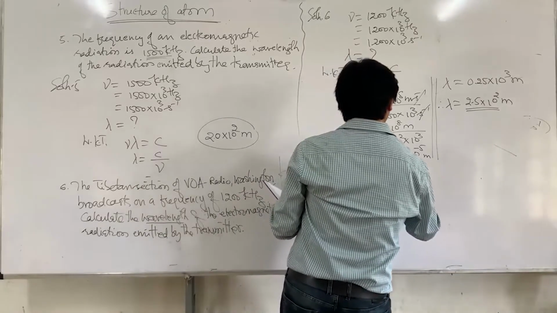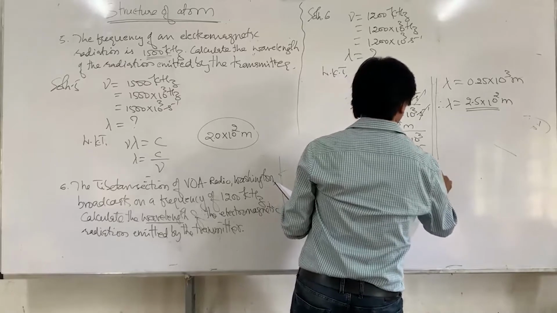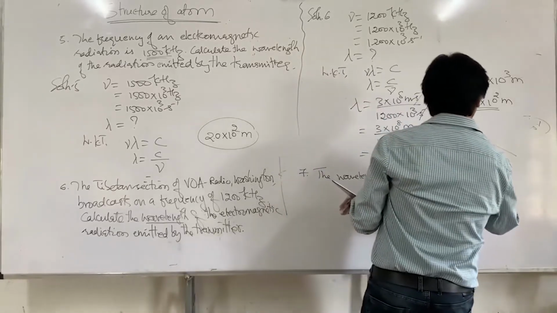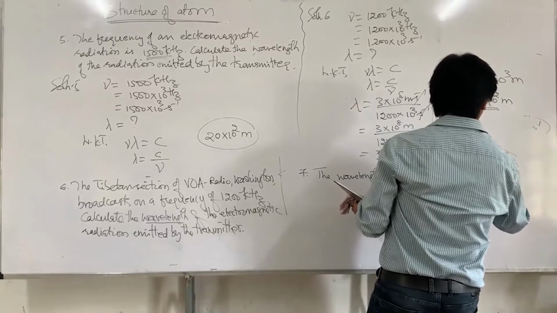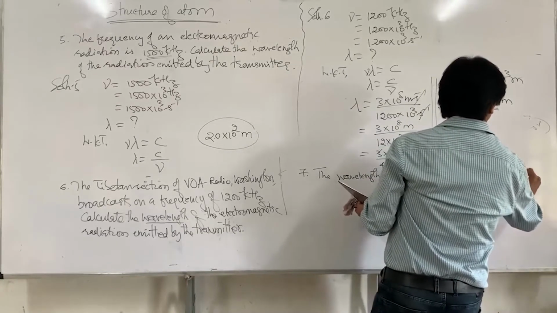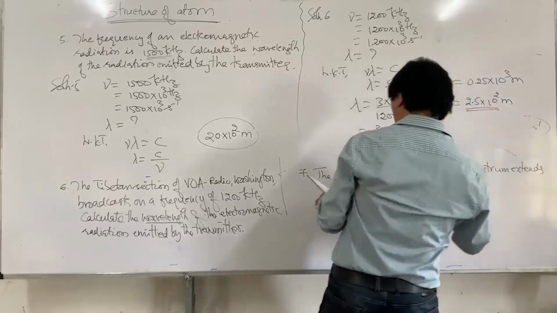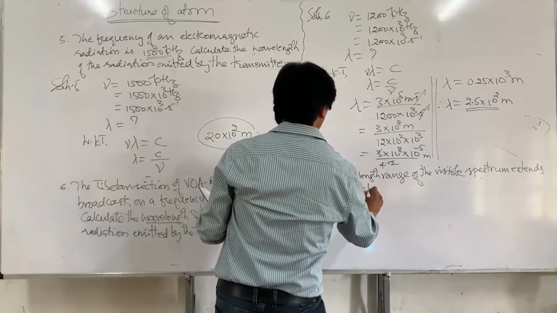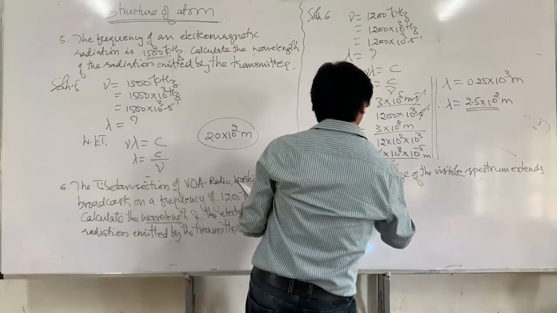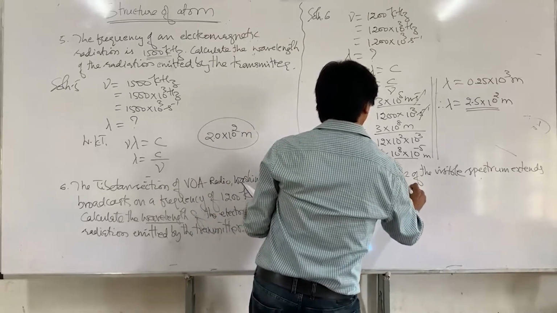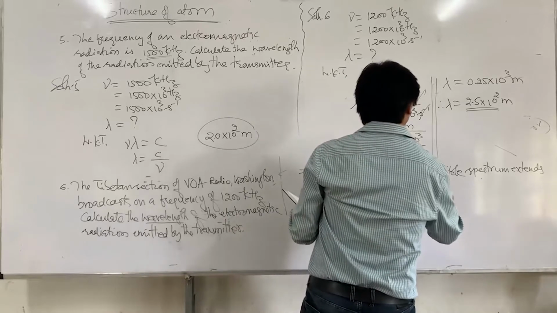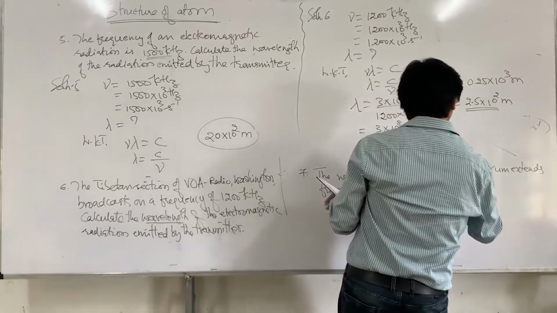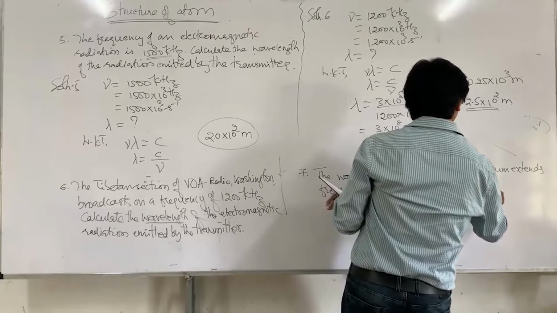The wavelength range of the visible spectrum extends from, this is interesting actually, violet, that is 400 nanometers, to red with 750 nanometers.